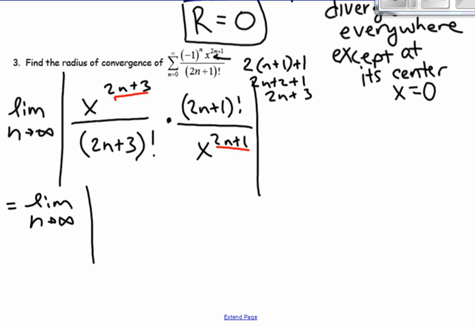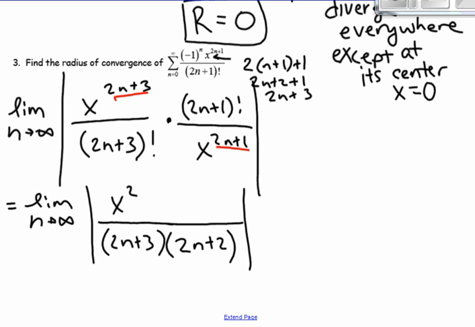When I subtract those, they have a difference of 2, so you're going to be left with an x squared in the numerator. Then we have (2n plus 1) factorial over (2n plus 3) factorial. The bigger of those is (2n plus 3) factorial, so you're going to be left with 2n plus 3, then the next term would be 2n plus 2, then (2n plus 1) factorial, and those cancel. Okay, so now this is simplified.